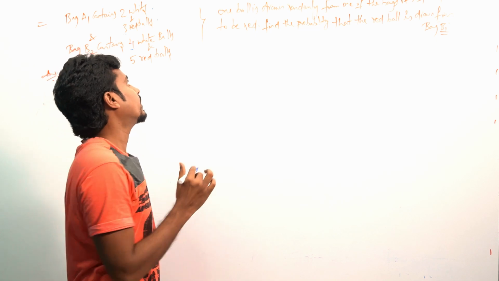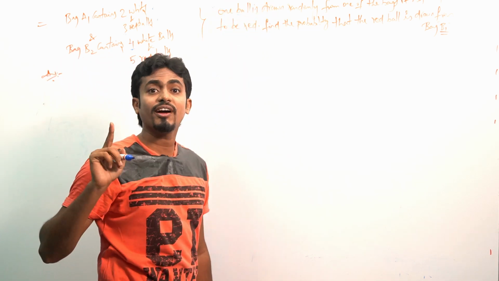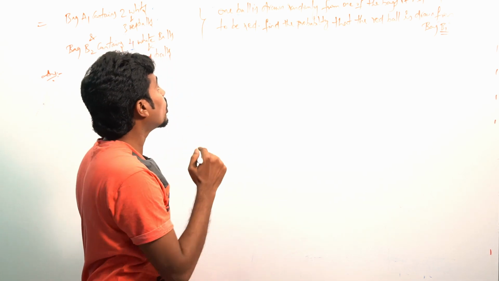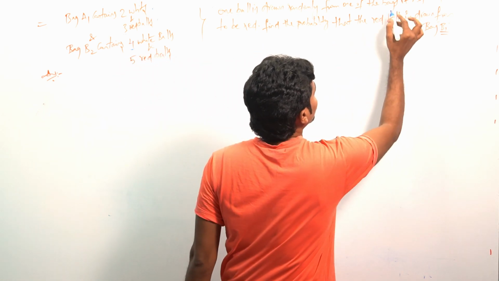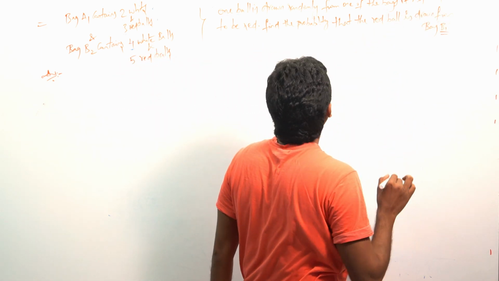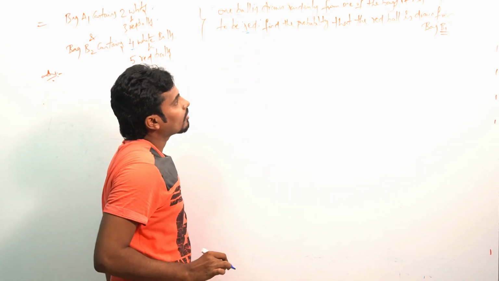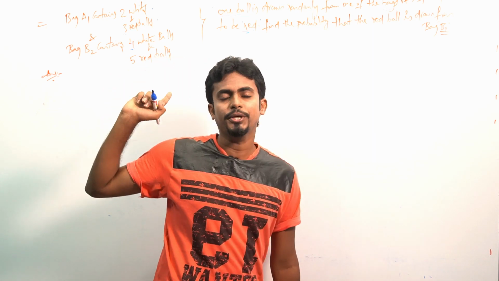One ball is drawn randomly from one of the bags; if it is found to be red, find the probability that the red ball is drawn from bag B2.